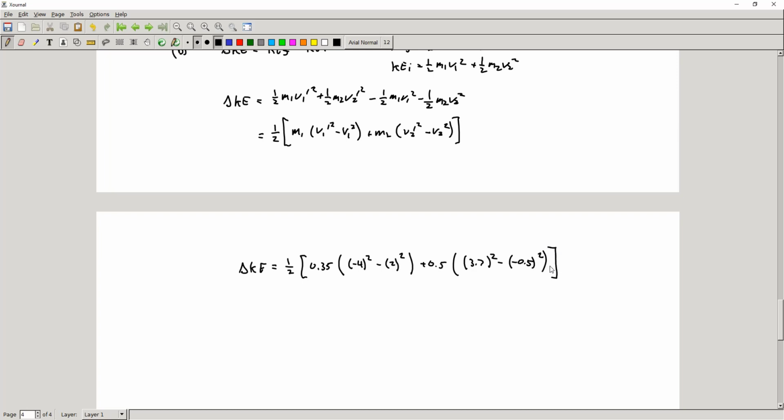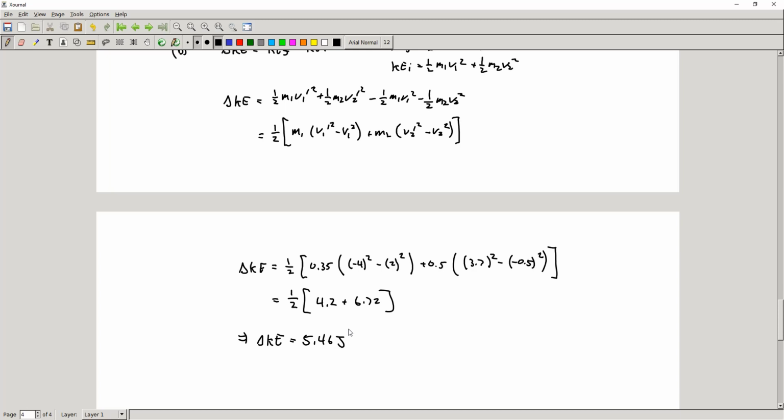And if we plug all that into a calculator, well, I guess we can clean it up term by term. We'll end up with a 4.2 over here plus a 6.72 over here. And in the final step, we're going to find that we have a change in kinetic energy equal to 5.46 joules.